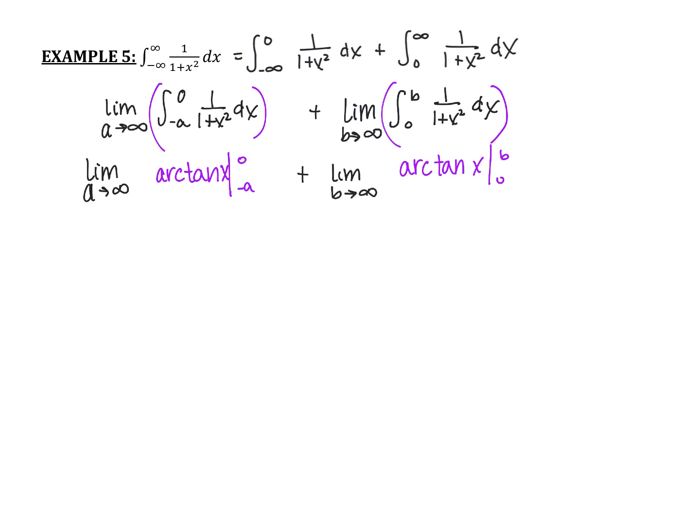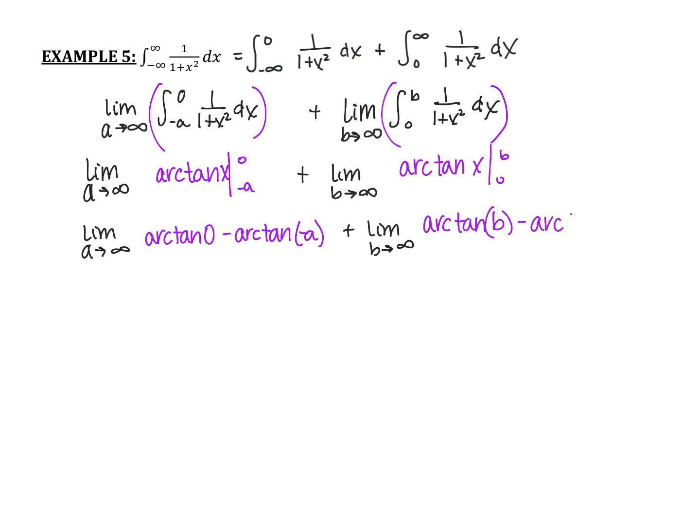All right, now I'm going to evaluate using the fundamental theorem. So we've got the limit as a approaches infinity of the arctan of 0 minus the arctan of negative a, plus the limit as b approaches infinity of the arctan of b minus the arctan of 0. Okay. What do I know about these? Well, arctangent means the angle that gives us a tangent of that number.